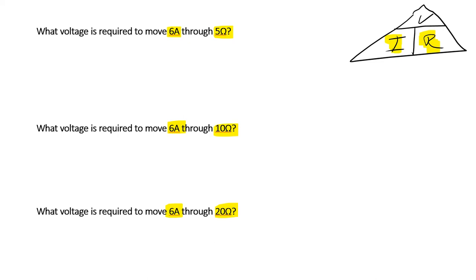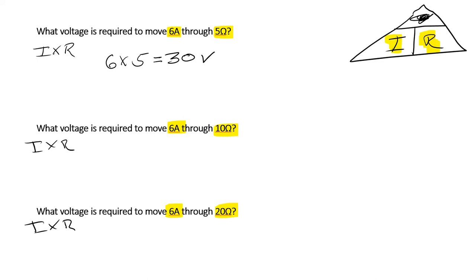They're next to each other, right? So I'm going to put my finger over the V. I times R. My I is 6. My R is 5. 6 times 5 equals 30. 30 what? 30 volts.